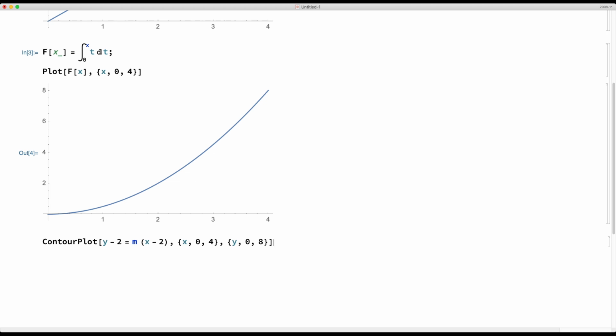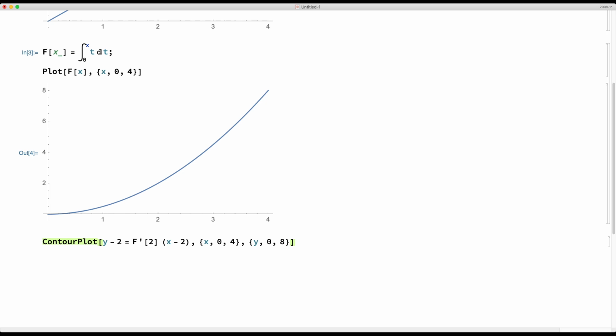It's big F's graph. So I need to compute big F's derivative and then plug in a particular x coordinate. And what x coordinate am I interested in here? 2. So what I need to replace this with is F prime of 2, because that's the particular point that I'm at. We good with that?